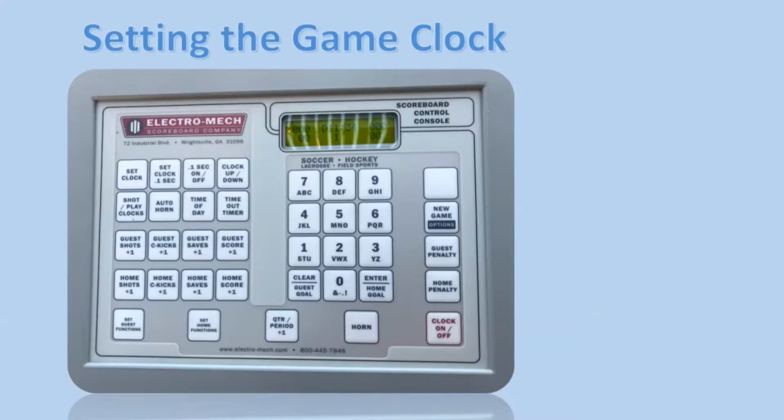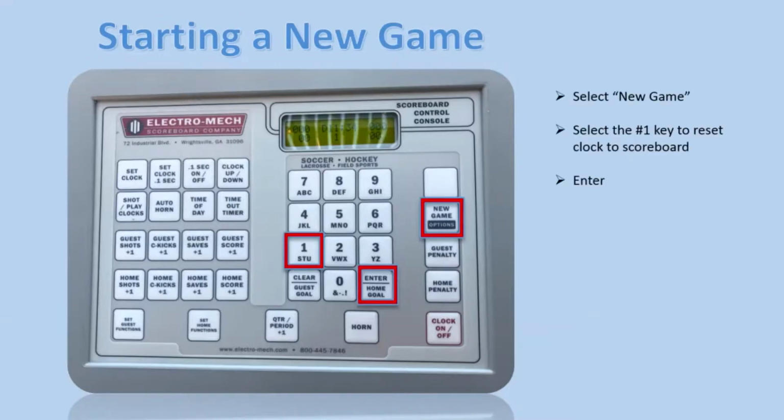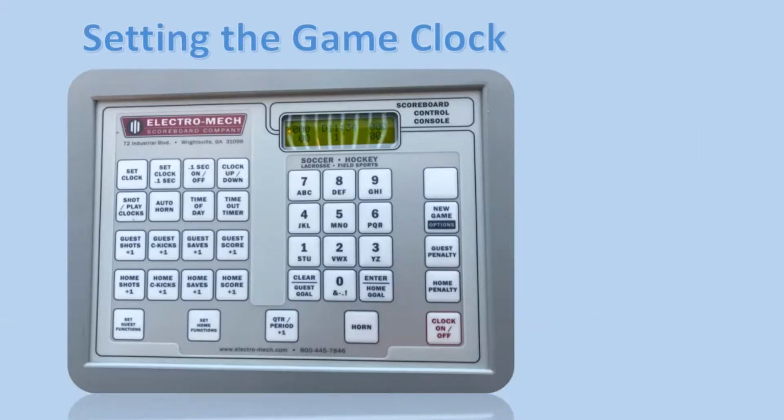Congratulations. The next skill that I'm going to teach you is how to set the game clock. Let's go back a little bit. When you set the new game, the default time was 20 minutes, but none of our divisions play for 20 minutes, so that time just doesn't work. Our 8U division plays for 15 minutes, whereas our 12U division plays for 18 minutes each period.